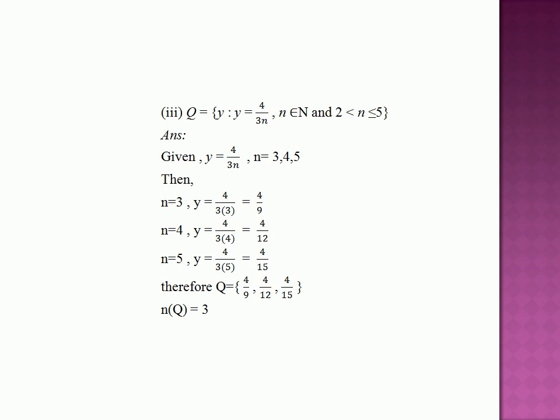When n is equal to 5, y is equal to 4 divided by 3 into 5 which is equal to 4 divided by 3 5s are 15. Therefore, set Q is equal to 4 divided by 9, 4 divided by 12, comma 4 divided by 15. How many numbers are there? There are 3 elements in the set Q. So, your cardinal number of Q is equal to n of Q is equal to 3.